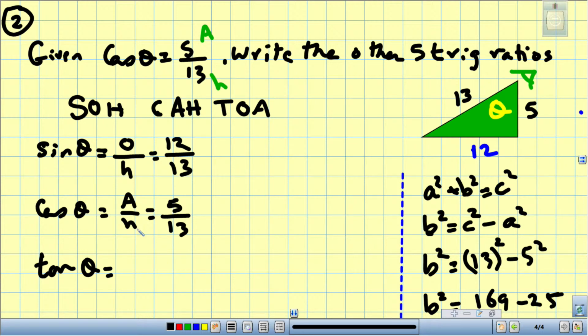Going once, going twice, gone. Lindsay and Giovanni have that. Definition of tangent again is opposite over adjacent. Opposite of me is 12, adjacent is 5. 12 over 5.